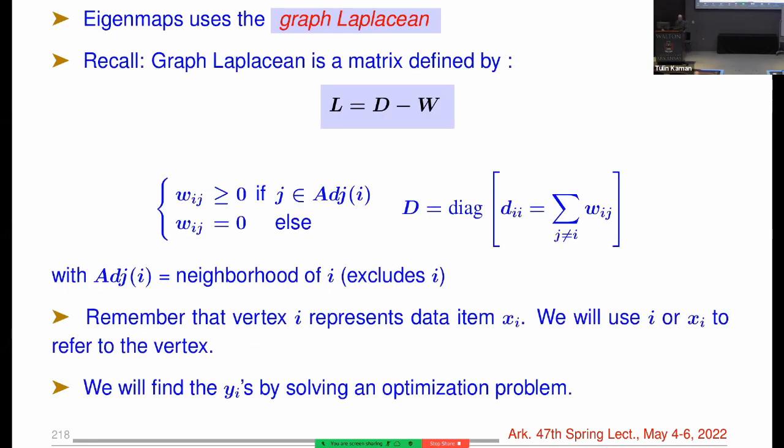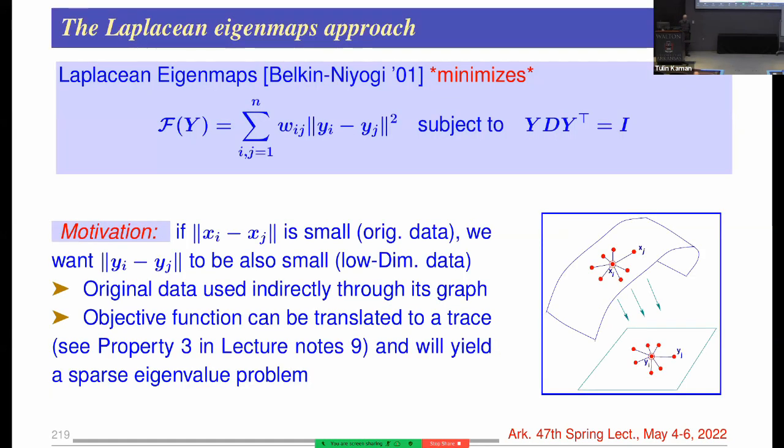So in eigenmaps, you use the graph Laplacian of your graph. This is just a reminder of what that is. So once you have that graph, you would like to do this embedding so as to preserve something. In this case, here's what you would like to do.